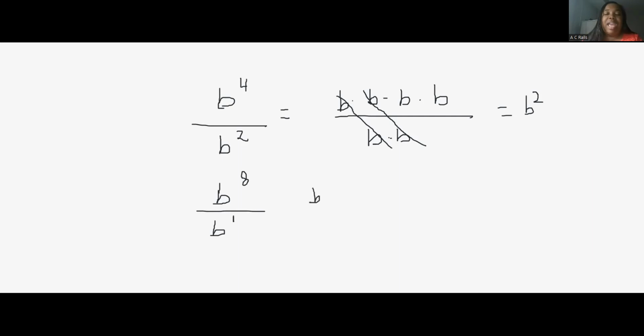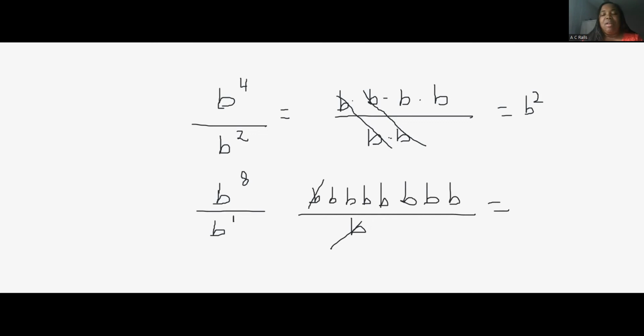I'm going to have 8 b's up at the top, or up in my numerator. 1, 2, 3, 4, 5, 6, 7, 8. All of that over one of these. And then I will cancel one of them, and I will be left with 7 of them. So the only connection that we can make here is that b to the 8 minus 1 power is 7. So subtraction is our connection with exponents being divided.